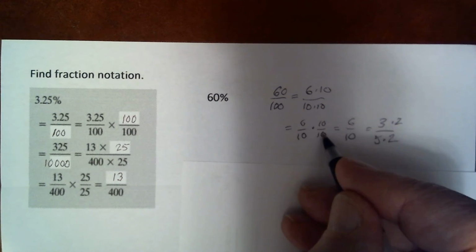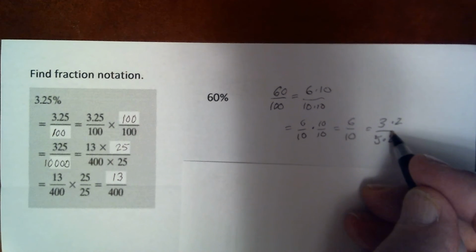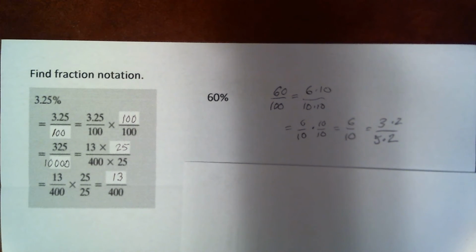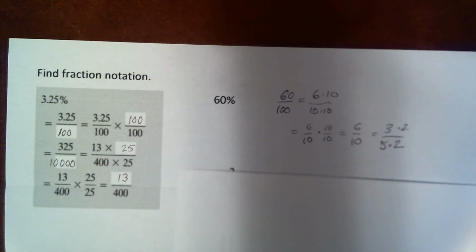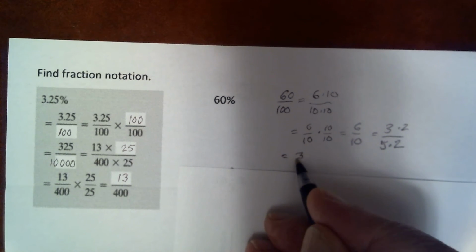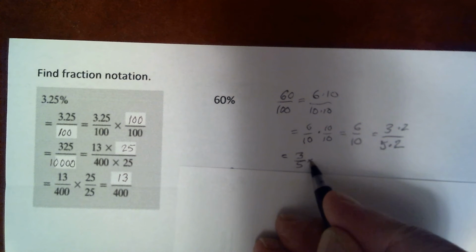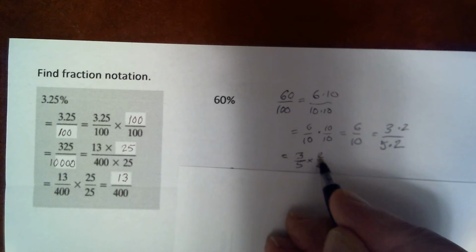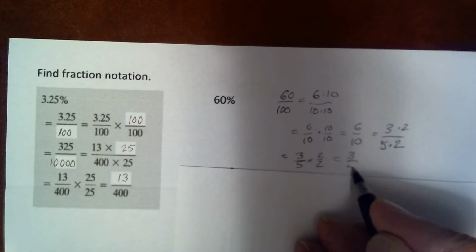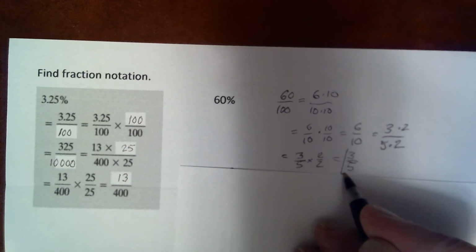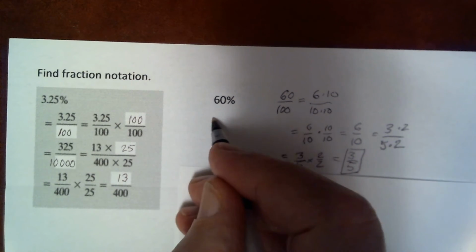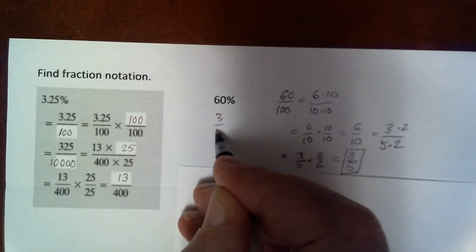And just as 10 divided by 10 is 1, we can write this now as 3/5. It's 2 divided by 2, which is equal to 1, so then the final answer is 3/5. So 60% is the same as 3/5.